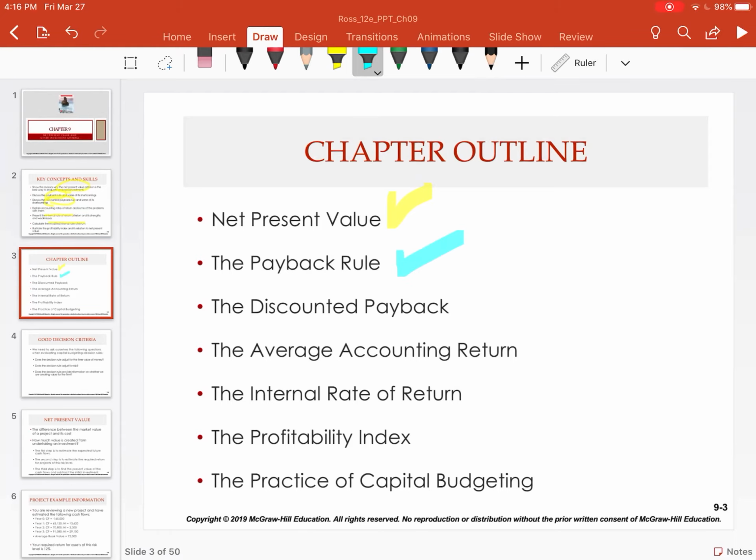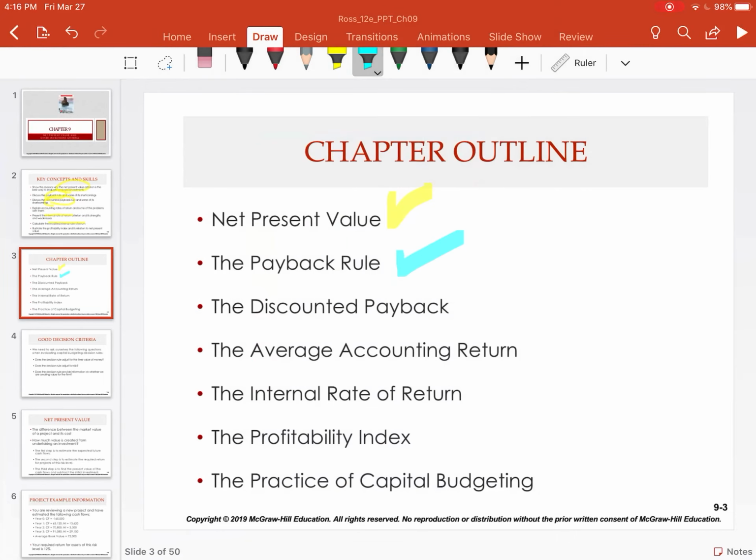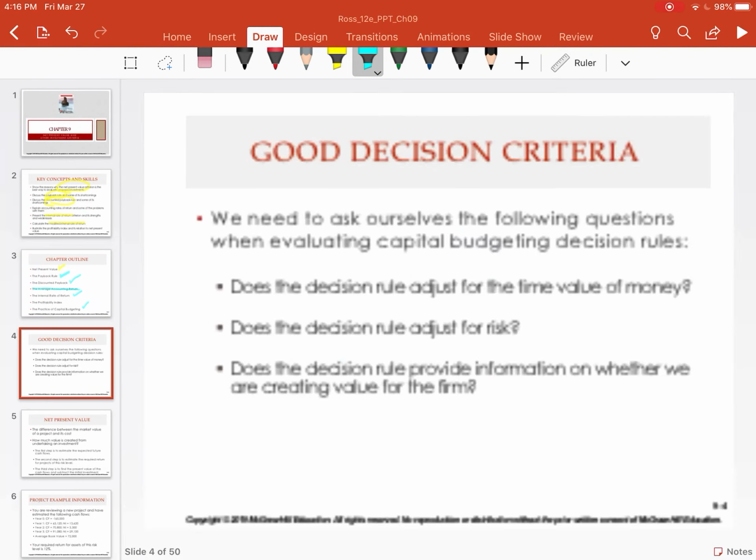So again, the payback rule and the discounted payback. Again, we won't be looking so much at the average accounting return. We will be looking at internal rate of return and just the overall practice of capital budgeting.